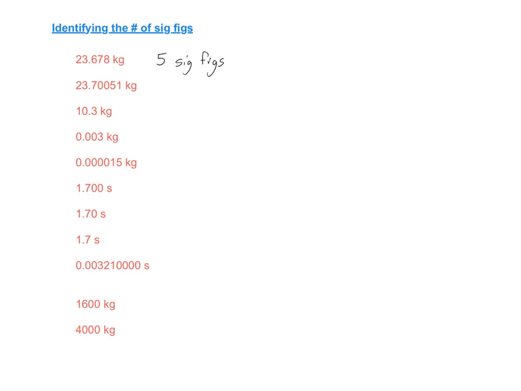And as a general rule, anytime you have a number, non-zero digits are always considered significant. So in this example, we counted up 5 digits. They were all non-zero, so there were a total of 5 significant figures here.